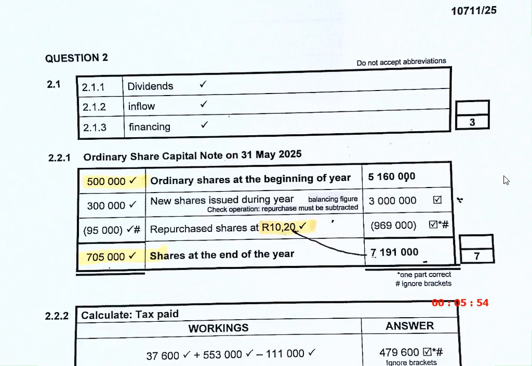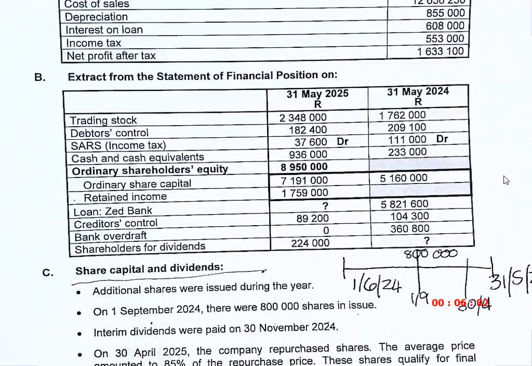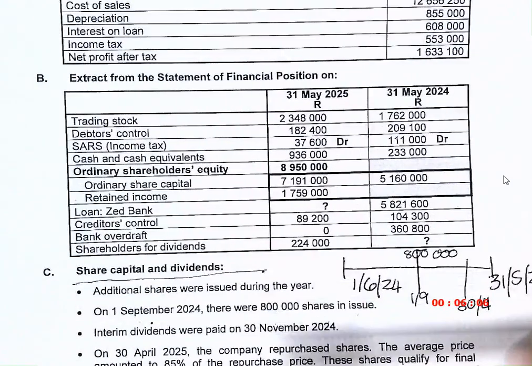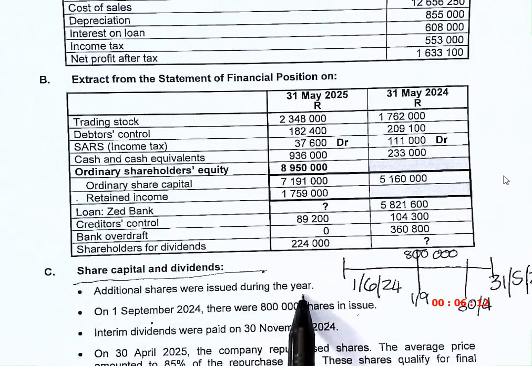What's the next thing we can do? What is it that they told me? They said 1st September, and can you now see, it's important that you see how the things are stacked, right? So you can see the shares issued happened before the repurchase, okay?